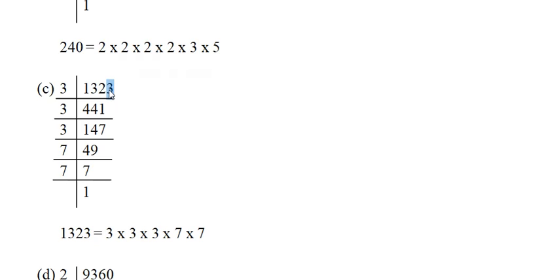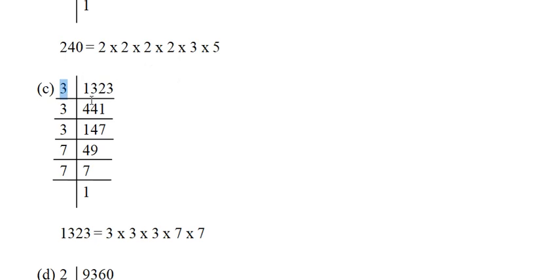In the rough area you can divide the number 1323 by 3, and if the number is completely divided, then you can use that particular number. So for 1323, we can use number 3.